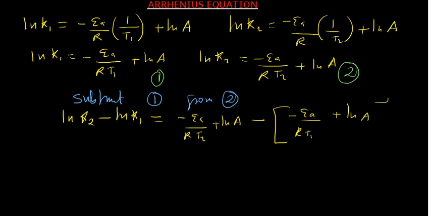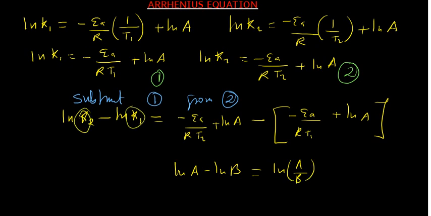So now we subtract this portion from equation 1, that is negative EA divided by RT1 and then plus natural log of A, where this negative is going to be distributed. We know that natural log of A minus natural log of B is the same as natural log of A over B. So we can write this as K2 over K1.